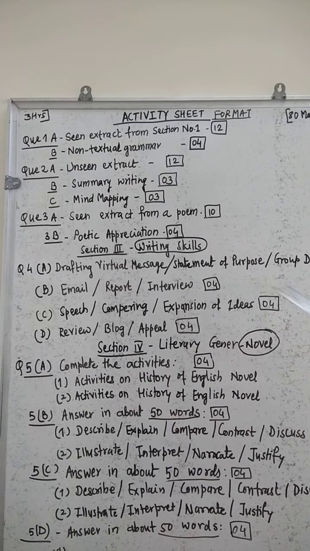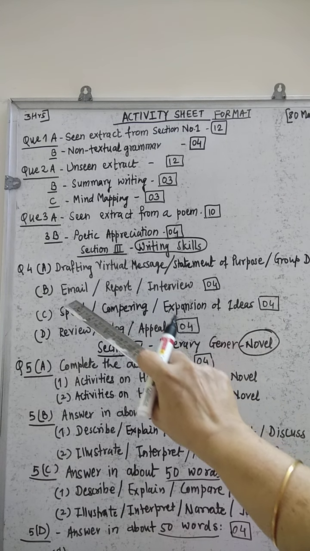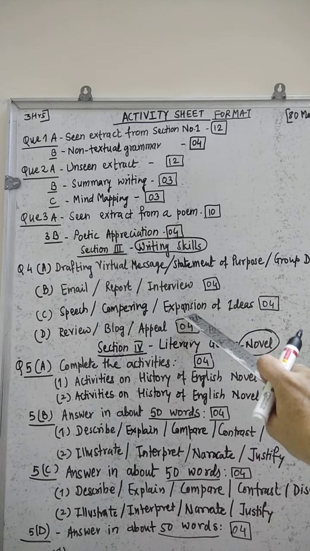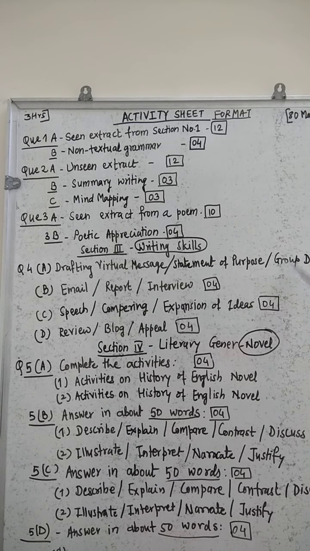The reason is that under both these questions, you will be writing elaborately. You will be explaining the ideas. You will be using the expected forms. So it can be a speech or it can be an email. It can be a blog. It can be the expansion of ideas, or it can be the statement of purpose or a group discussion.